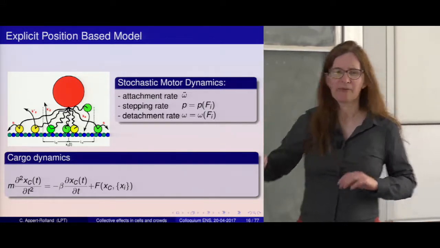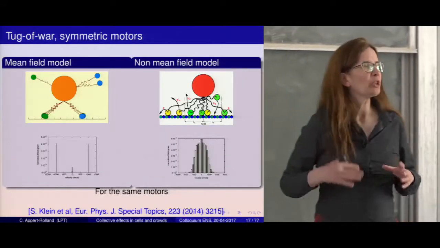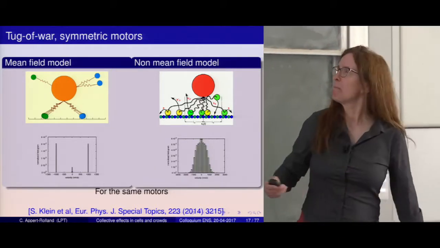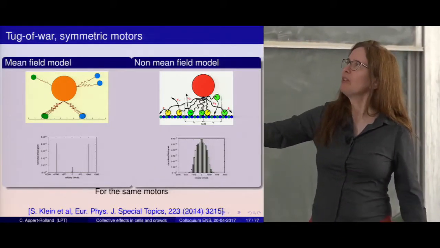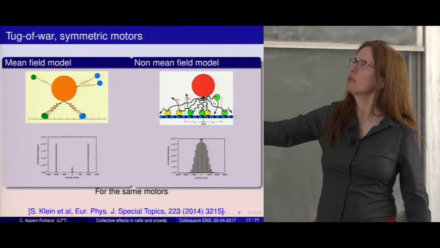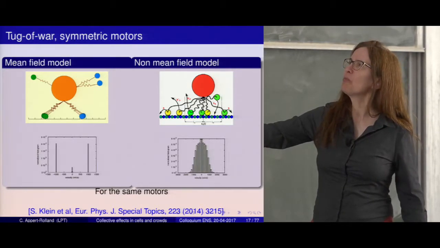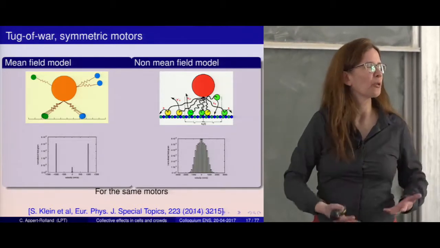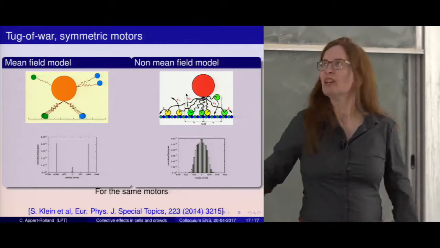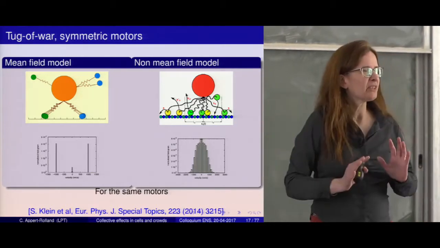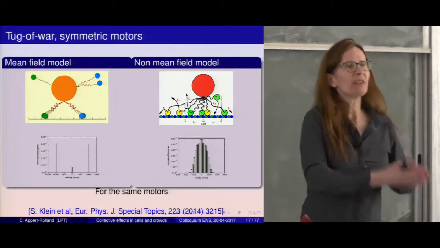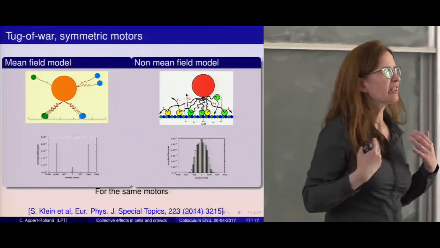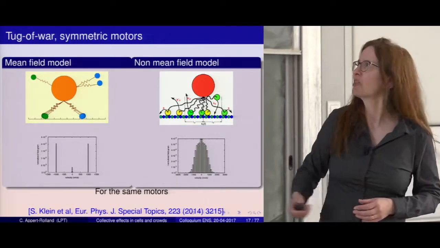So now, once we have this model, we try to see if we still have the results predicted by the mean field model. In the mean field model, in this picture, it would correspond to having all the motors attached at the same position because they feel the same force. They share the load equally. So they are exactly at the same position, and they all step together, which is to help you realize what is behind this assumption.